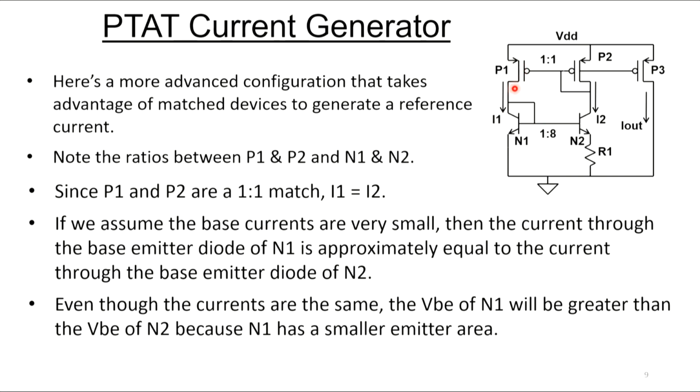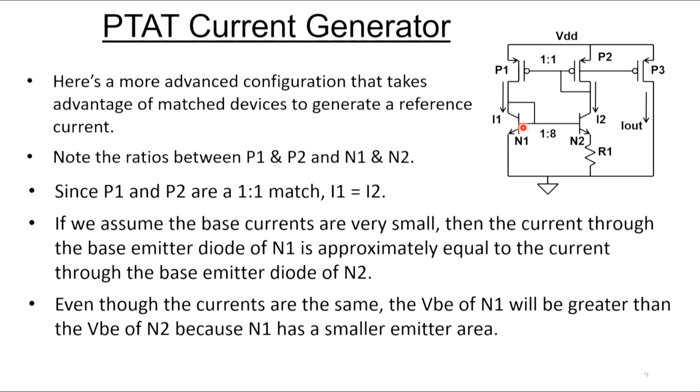If we assume that the base currents are really small, the current in this branch and the current in this branch are going to equal each other because these transistors up on top are matched. So they're saying this current has to equal that current. Now, if we look down here at this loop, you can see that the base emitter diode of N1 is in parallel with the base emitter diode of N2 and R1.